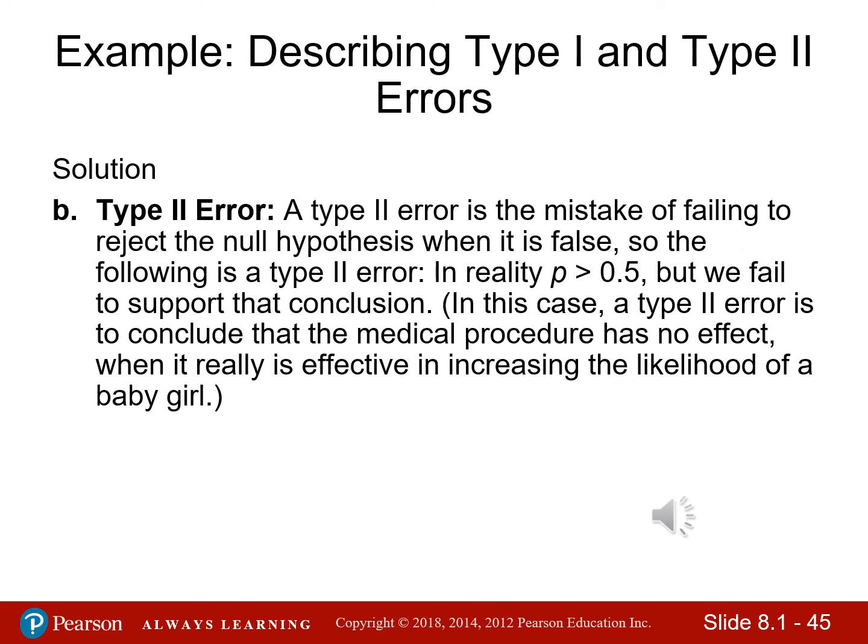A type 2 error is the mistake of failing to reject the null hypothesis when the null hypothesis is false. So the following is a type 2 error. In reality, p is greater than 0.5, but we fail to support that conclusion. In this case, a type 2 error is to conclude that the medical procedure has no effect, when in reality, it is effective in increasing the likelihood of getting a baby girl.